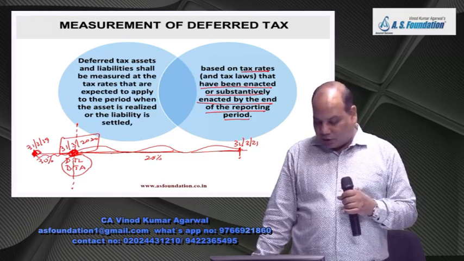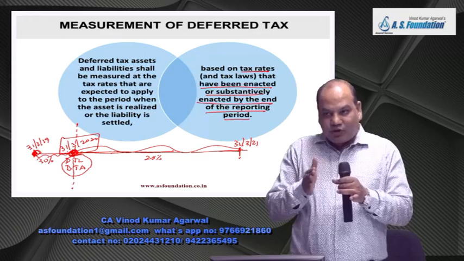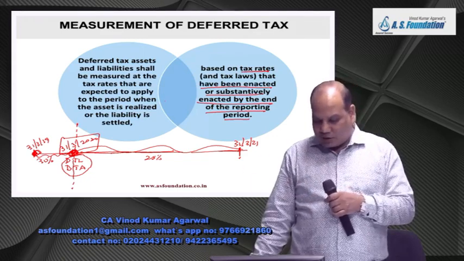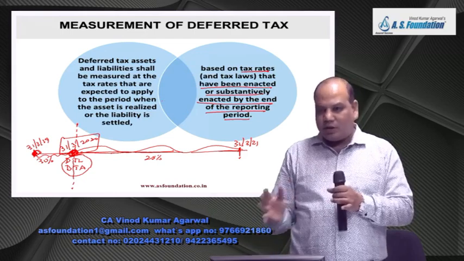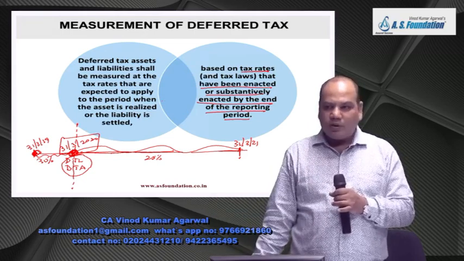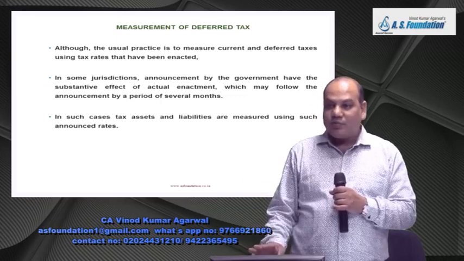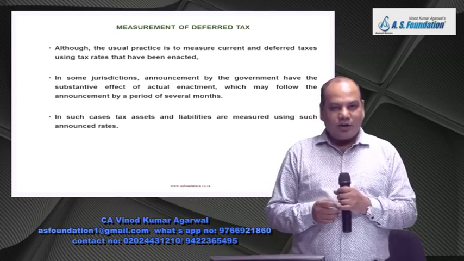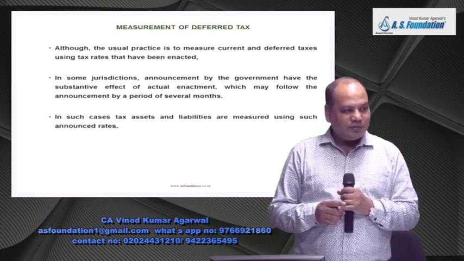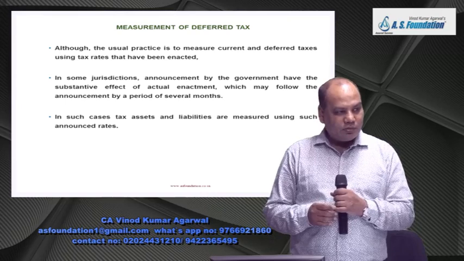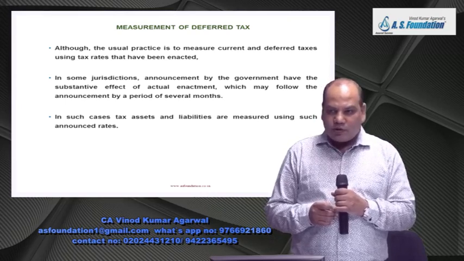This problem will arise only when there is a change in tax rate on a year-to-year basis. If tax rates don't change much, then current tax and deferred tax both will be applied at the same rate. Now in India, the tax rates have stabilized. It doesn't change too frequently. Does it change? Every year it changes, by 4%.